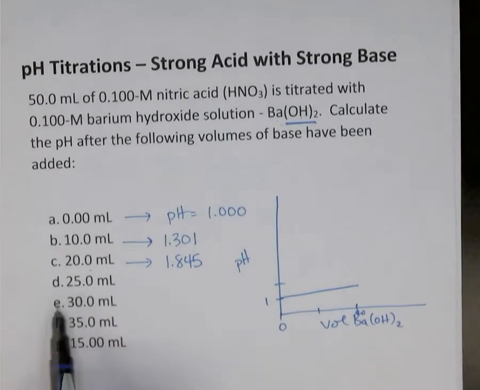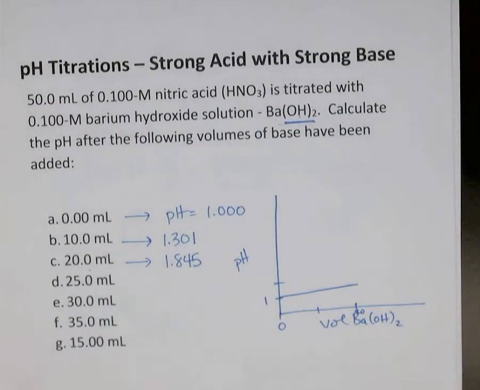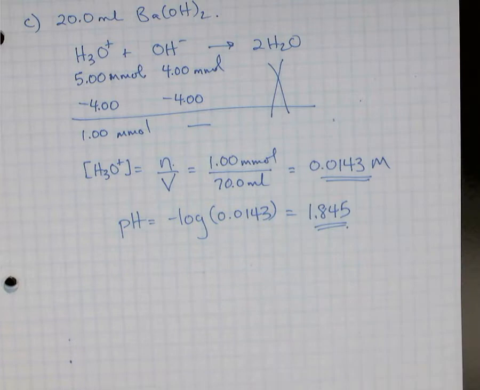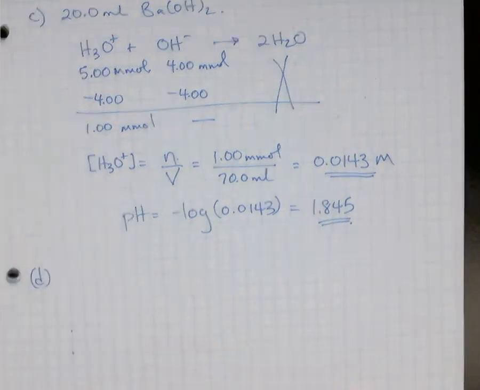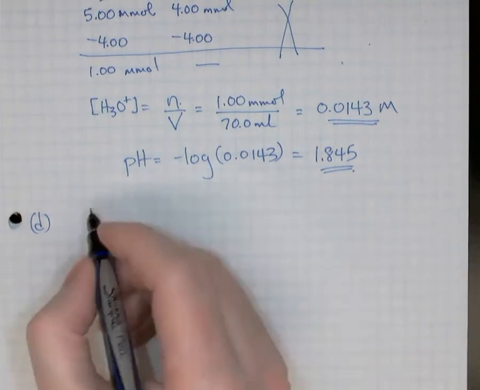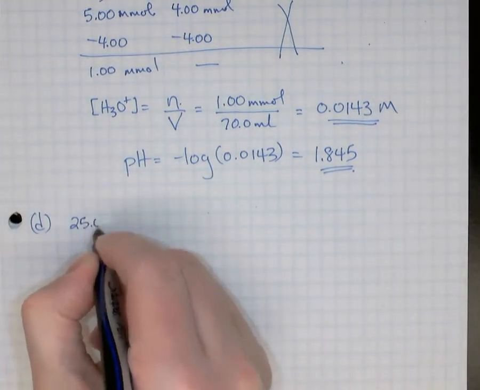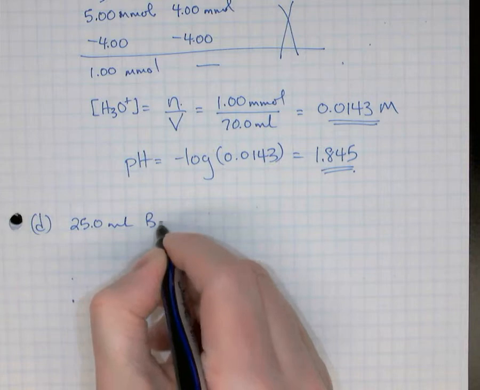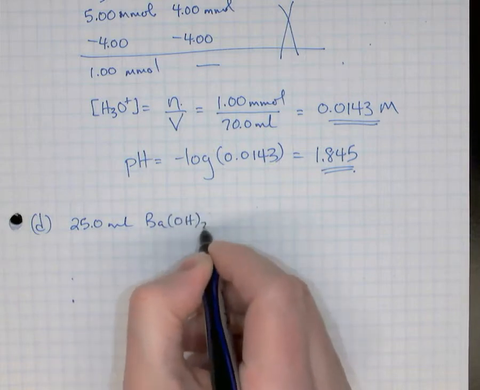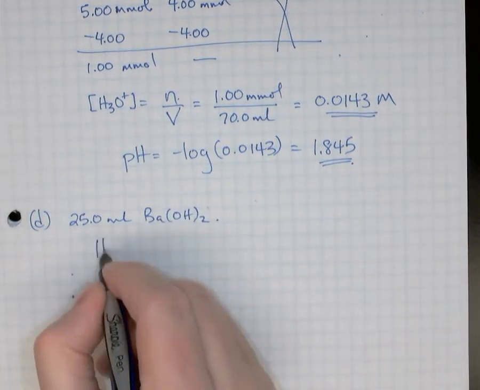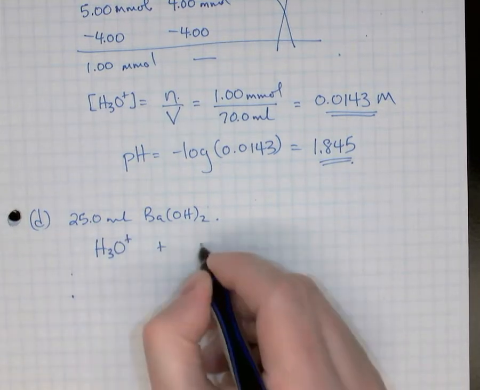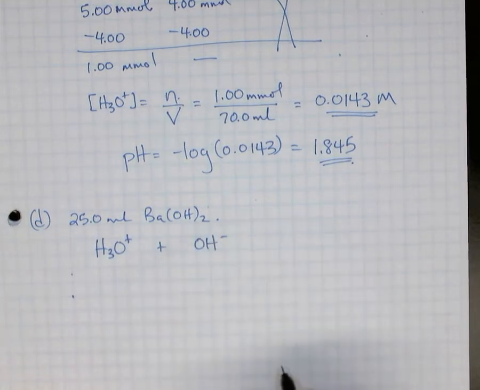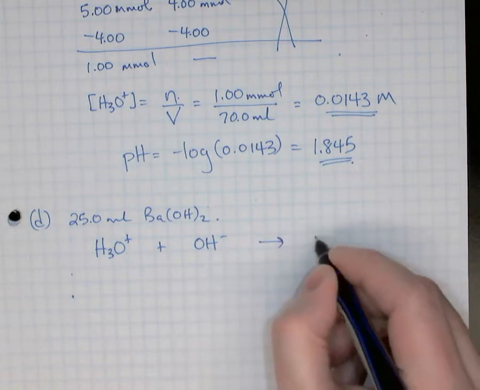So we're going to do the third one now. We're at 25 milliliters of base, and you're going to see here that this is a more interesting point in the titration. So 25 milliliters of barium hydroxide. So the reaction is still the strong acid, represented as hydronium, plus the strong base, represented as hydroxide, makes water.